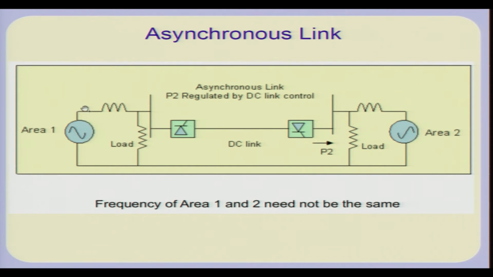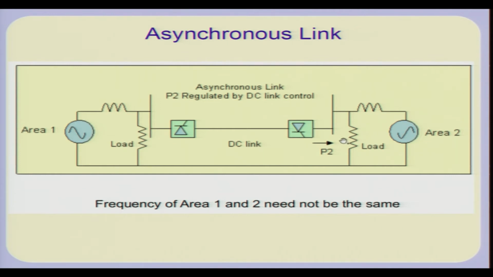So, the load here has to be equal to the generation in steady state, and the load here has to be equal to the generation in steady state. Of course, there are losses also, and in case there is a load generation imbalance, the governors will have to respond and the loads also may change their power depending on the nature of the load and the frequency dependence, and eventually an equilibrium is reached when there is a load generation balance.